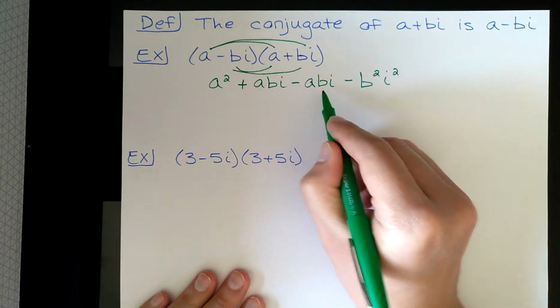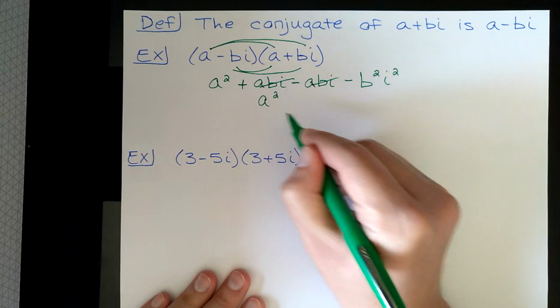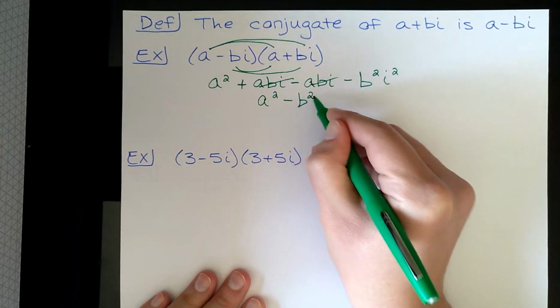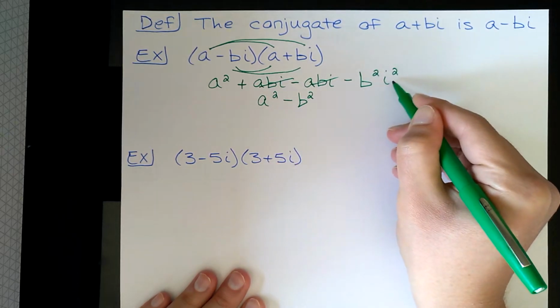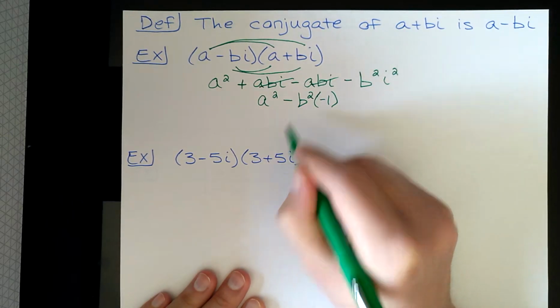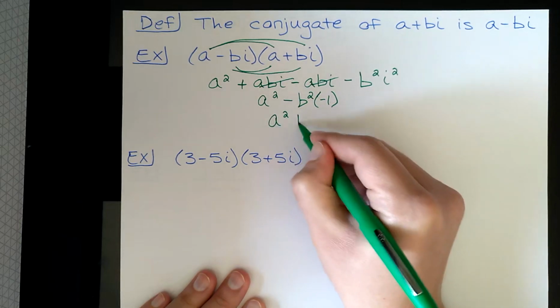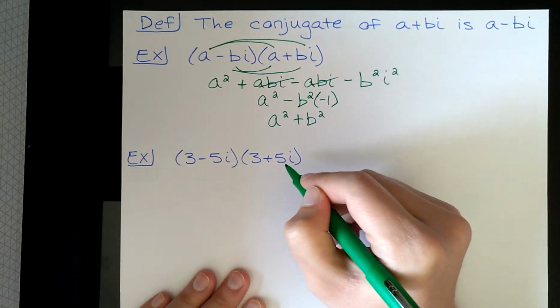Notice abi minus abi will cancel off, leaving us a squared minus b squared times negative 1 instead of i squared. And a negative times a negative gives us a positive b squared.